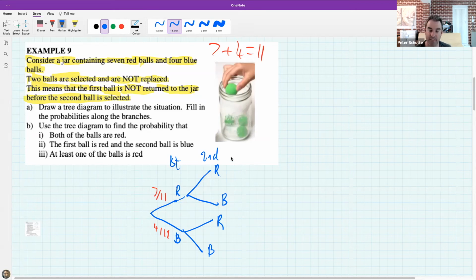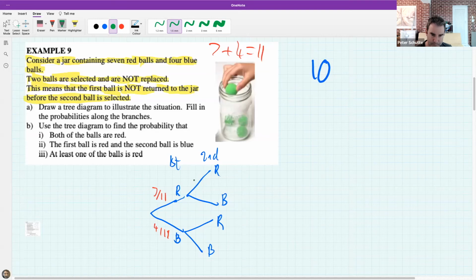Okay, there's 10. Now this is an important idea, because whenever I go to the second layer, you're going to find that this is going to be out of 10. It's no longer going to be out of 11, because you took one out and you haven't put it back.